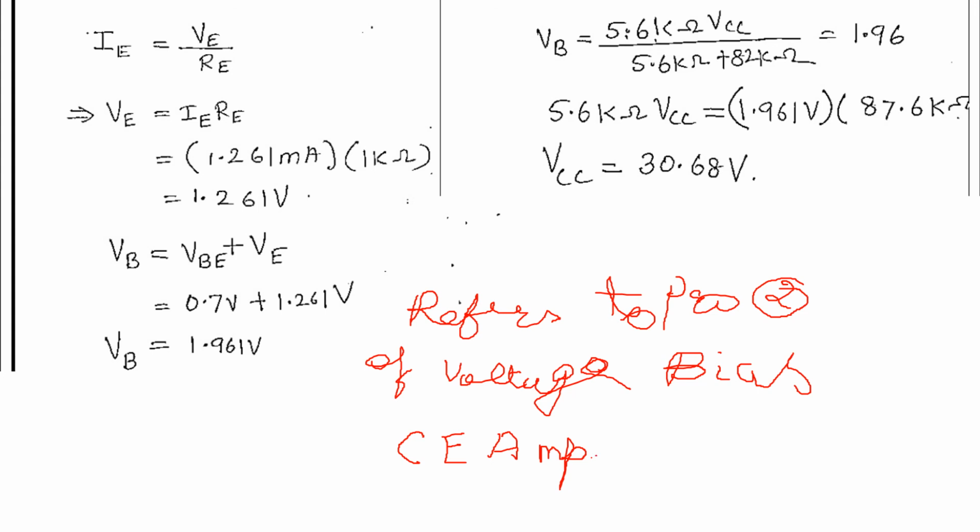In the second problem, what was given was the voltage gain, and you were supposed to find out the value of Vc. We have come to a situation where we have found out small re and we were in a position to find out the emitter voltage, and accordingly find out Vb and relate Vb with Vcc. That completes the second problem over here.